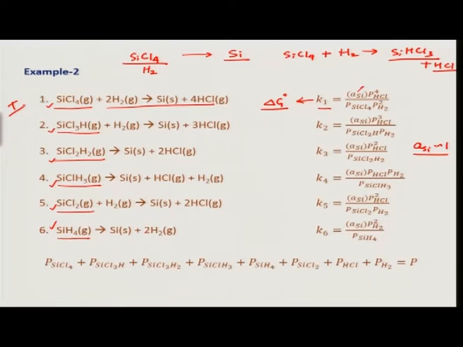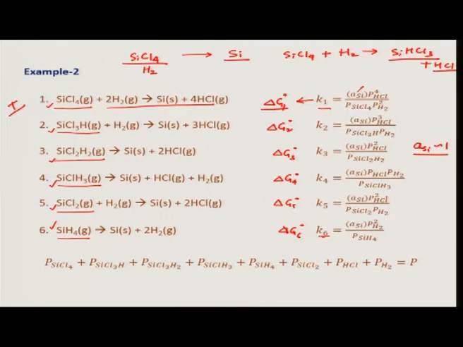So, this is delta G1, delta G2, delta G3, delta G4, delta G5 and delta G6. So, we have these changes in free energy for these reactions, which we can convert into reaction rate constants. Reaction rate constants depend on the partial pressure of these gases according to these expressions.